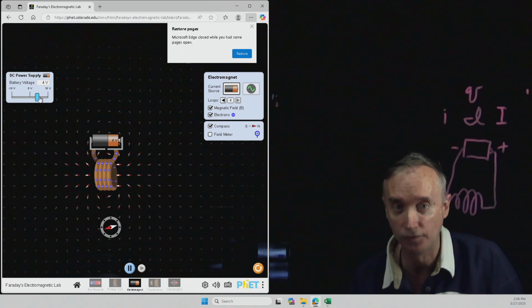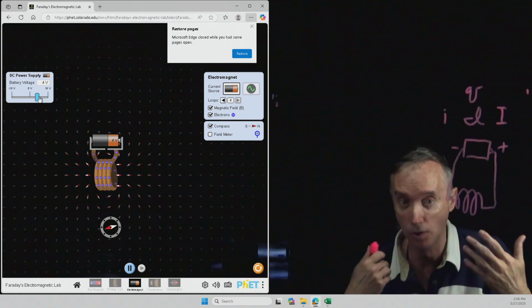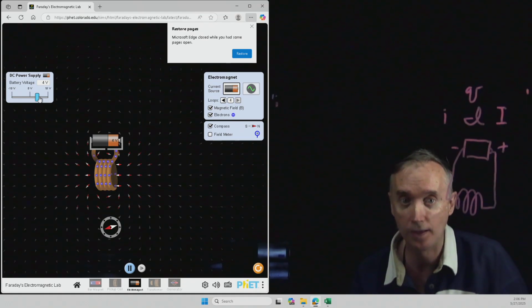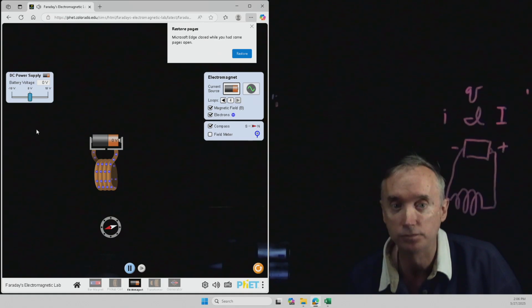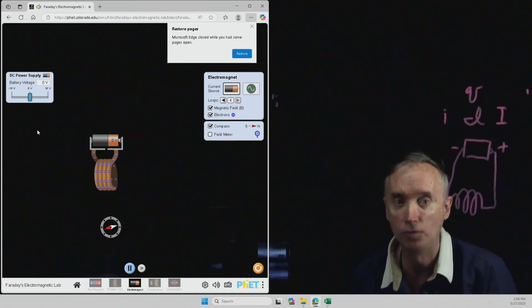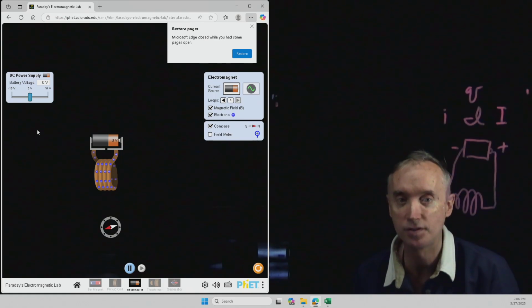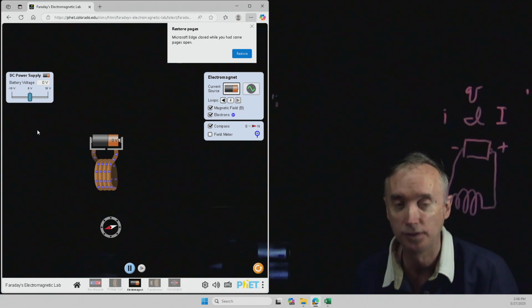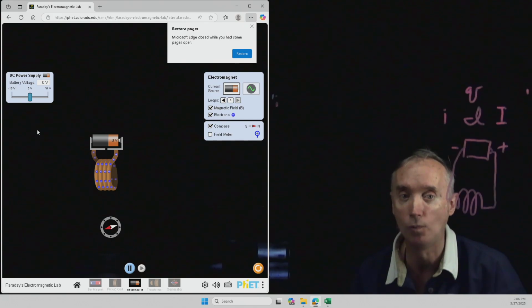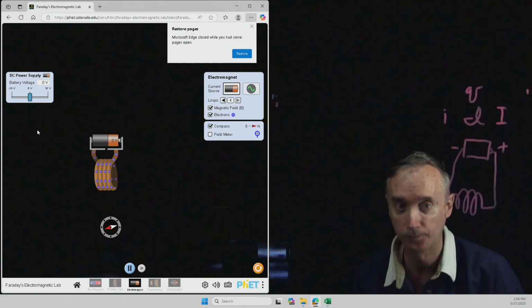If I decrease the voltage, the magnetic field is getting what? And then also, I'm going to take this and put it on 0. If there's no voltage, do you see what the electrons are doing? They're not moving. And if they're not moving, they can't make a what kind of field?